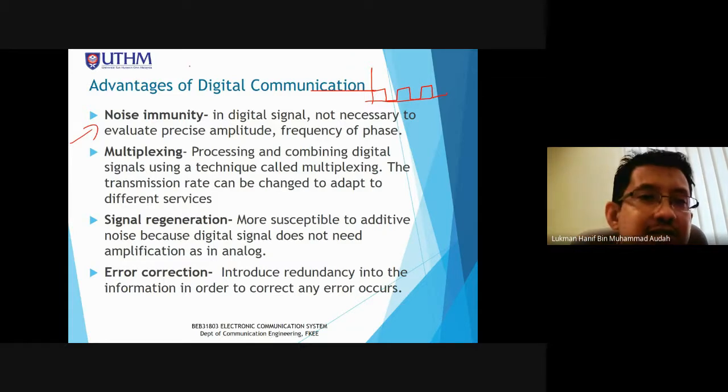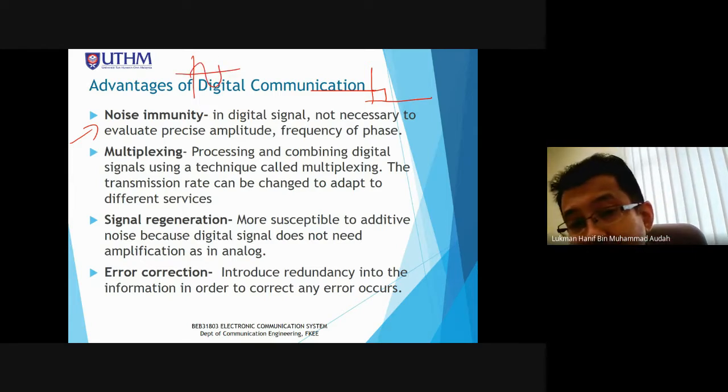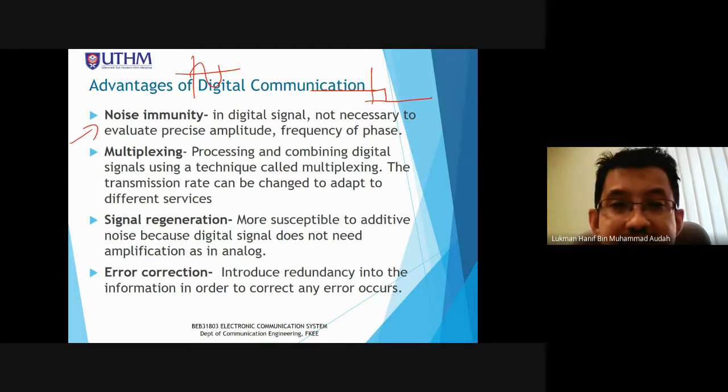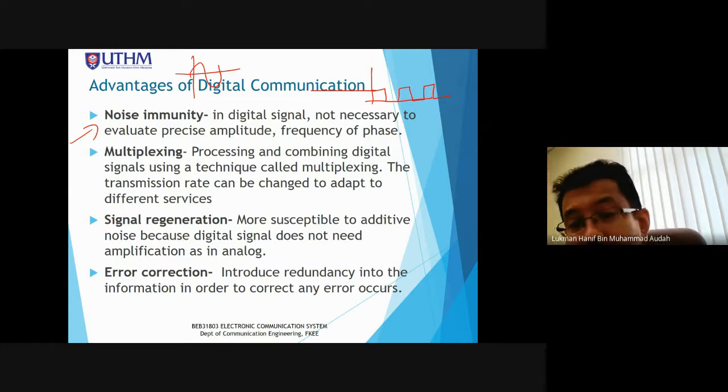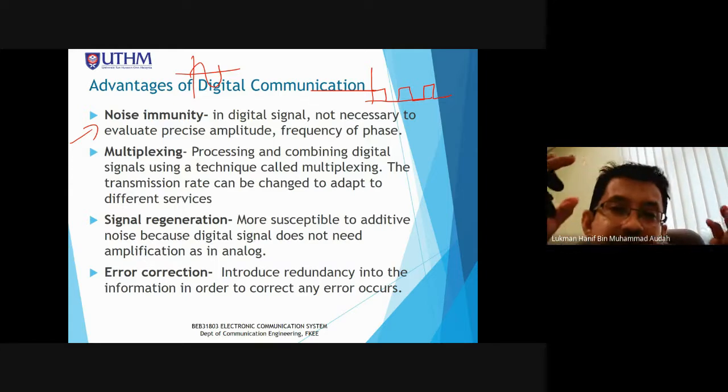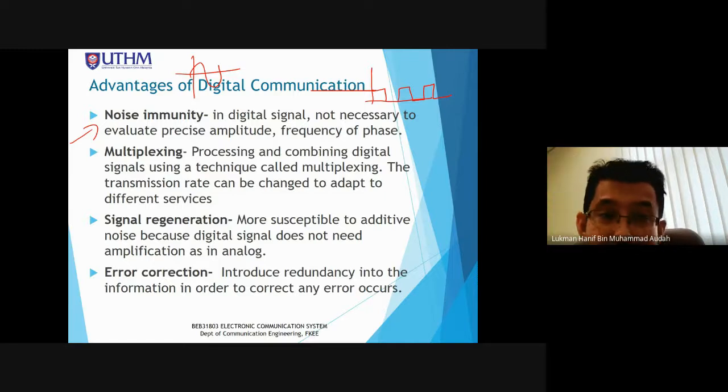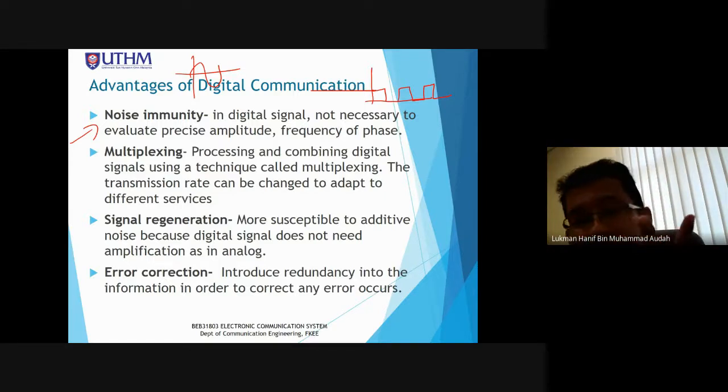Berbeza dengan analog yang mana dia ada infinite shape. Digital signal, digital data cuma ada dua kemungkinan sahaja. Logik 1, logik kosong. So semua bentuk digital data adalah dalam bentuk discrete, sama ada logik 1 atau logik kosong. So ada dua kemungkinan. So lebih mudah untuk kita proses.